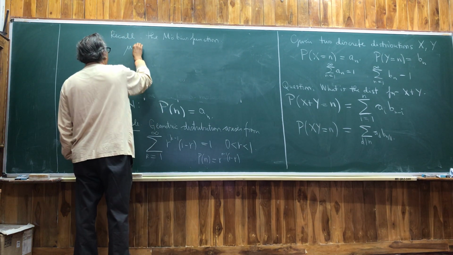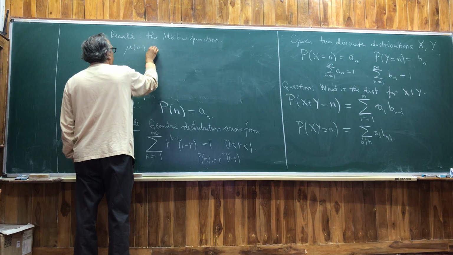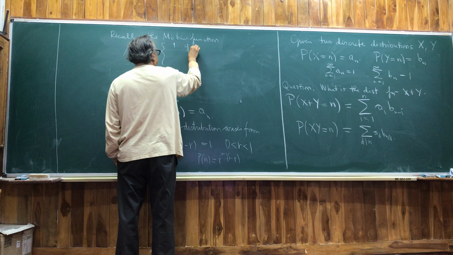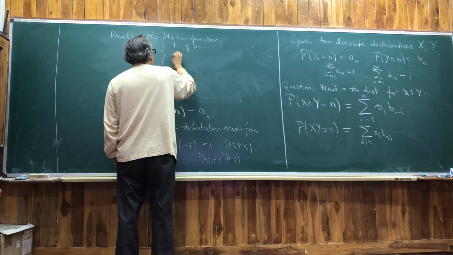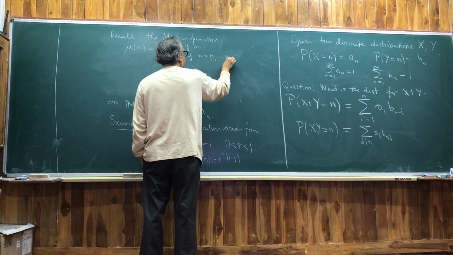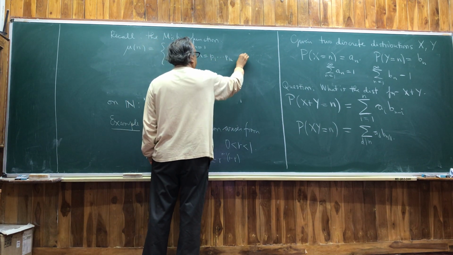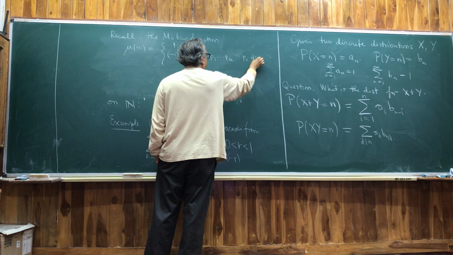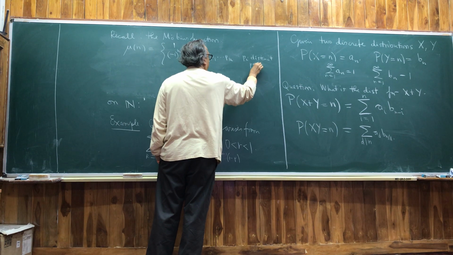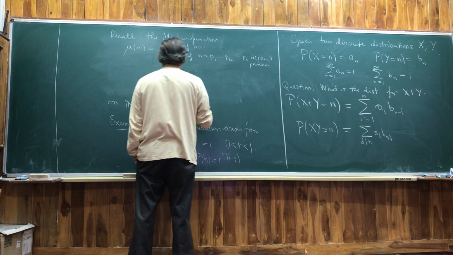So mu of n equals 1 if n equals 1, minus 1 to the k if n is a product of distinct primes p1 to pk, and 0 otherwise.